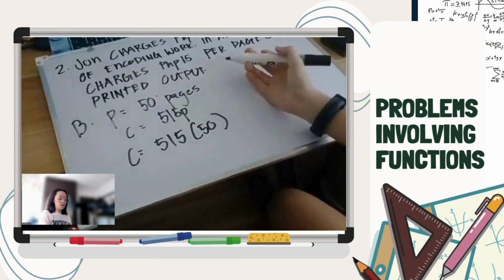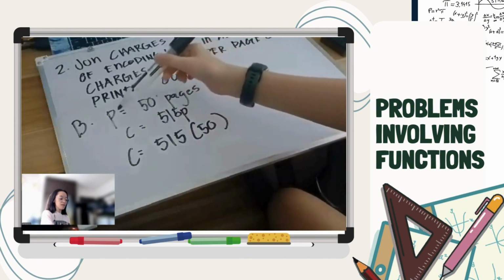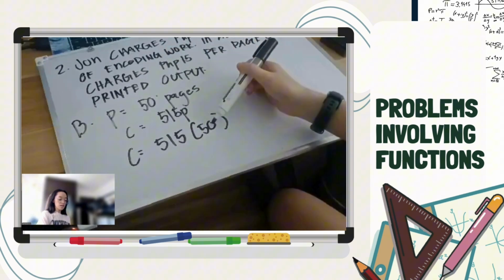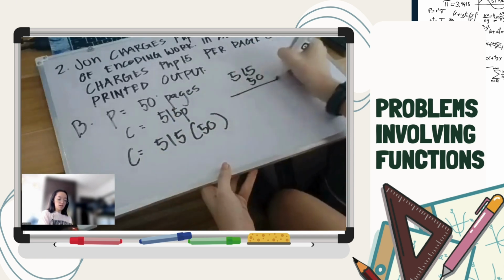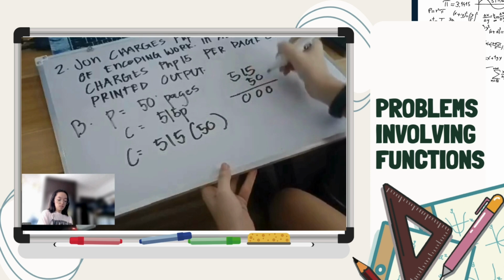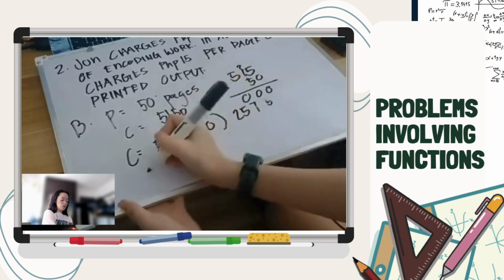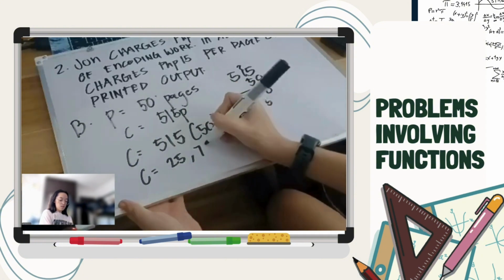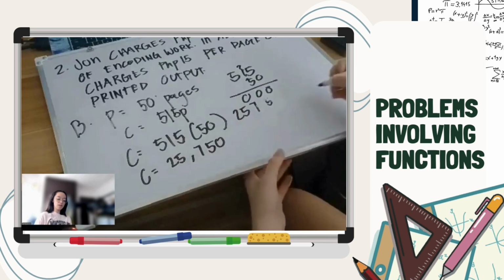Where did I get 50? I got it from P since it says P equals 50 pages. So replace P by 50. So 515 times 50. These are all zero. So 5, 7, 25. C equals 25,750. And let's write our concluding statement.